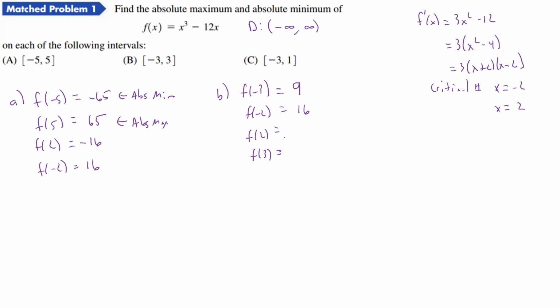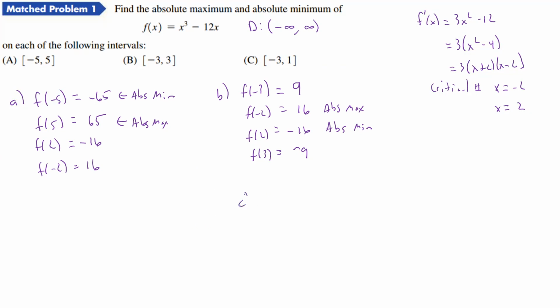Positive 2 was negative 16, and 3 is going to be negative 9. So now what do we have? Well, the biggest and smallest are right here. So this is going to be the absolute max. This is going to be the absolute min. Okay. And again, we notice we changed because we have a different interval. It's not going to be those endpoints now. It's going to be something in between.